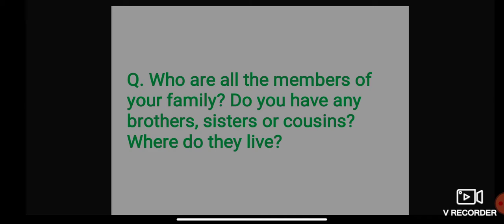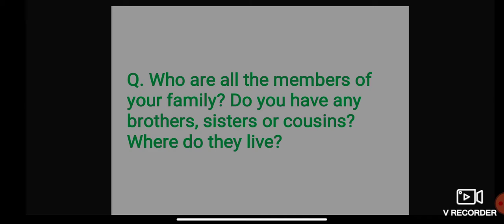Similarly, even our planet, the Earth, has brother, sister, and cousin planets.